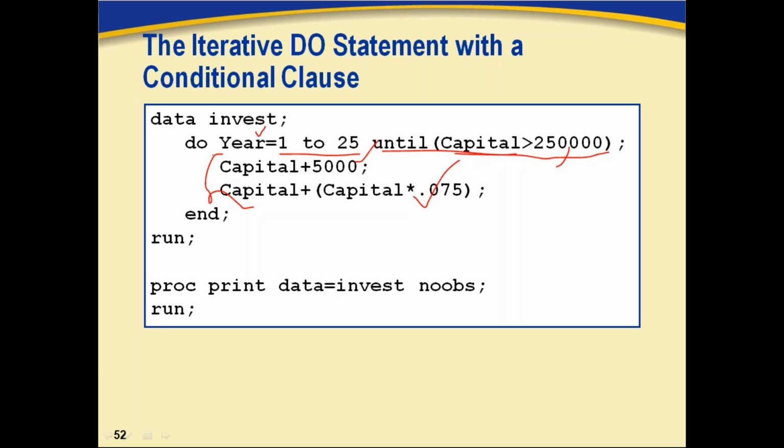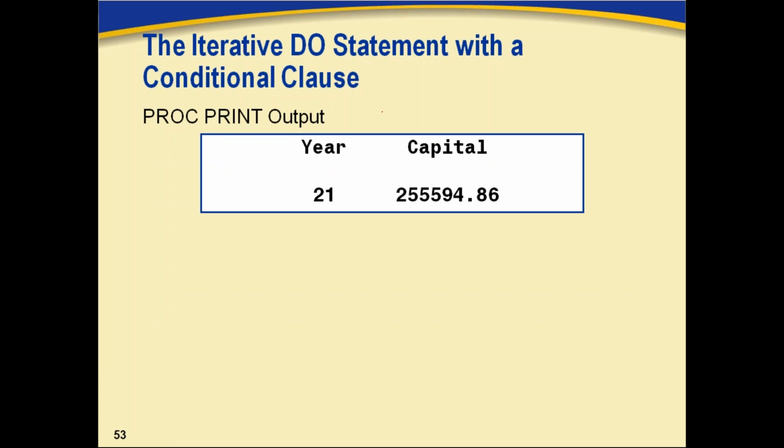So it will come inside the loop and execute the statements. Once executed, it will check whether capital is greater than $250,000. If it is, it will stop there. If the condition is false, it will increment, so year will be 2. Again it will execute these statements and check the condition. At year 21, it exceeded $250,000.